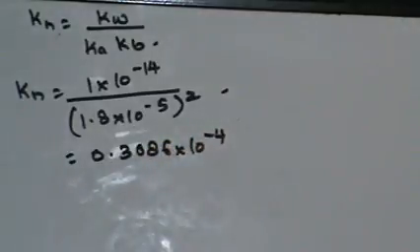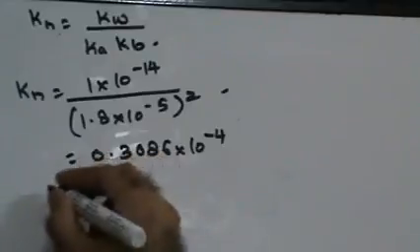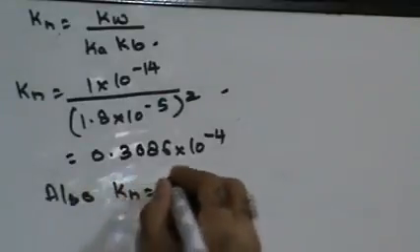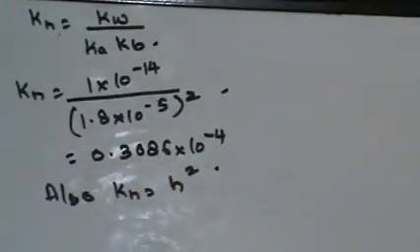Now since this is a salt of weak acid and weak base, Kh is equal to h square. Hydrolysis constant is equal to square of degree of hydrolysis.